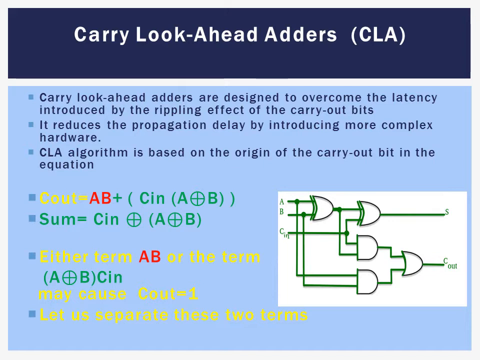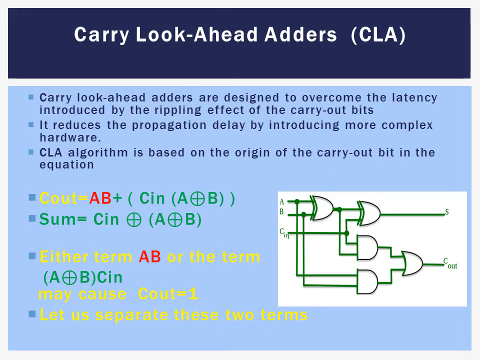Now let us look at the details of the carry look ahead adder. As we have already seen, these are designed to overcome the latency introduced by the rippling effect of the carry out bits. That means it reduces the propagation delay by introducing more complex hardware. The algorithm of the carry look ahead adder is based on the origin of the carry out bit in the equation.